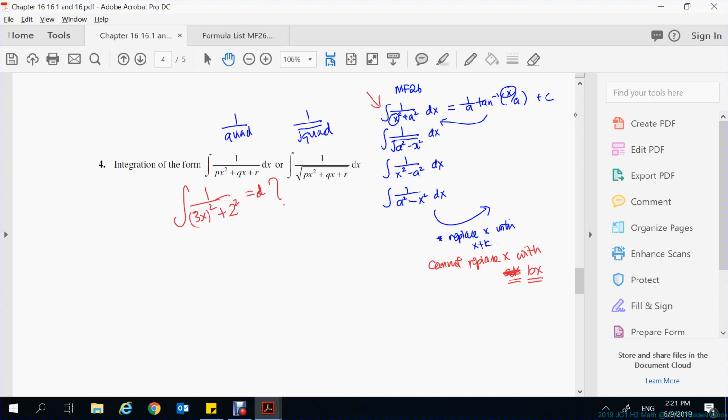I got to do something. I cannot use this formula blindly. Clear now? So I would do some manipulation. Later, in the questions, we can actually take a look. But I want to emphasize that you cannot replace x with bx.